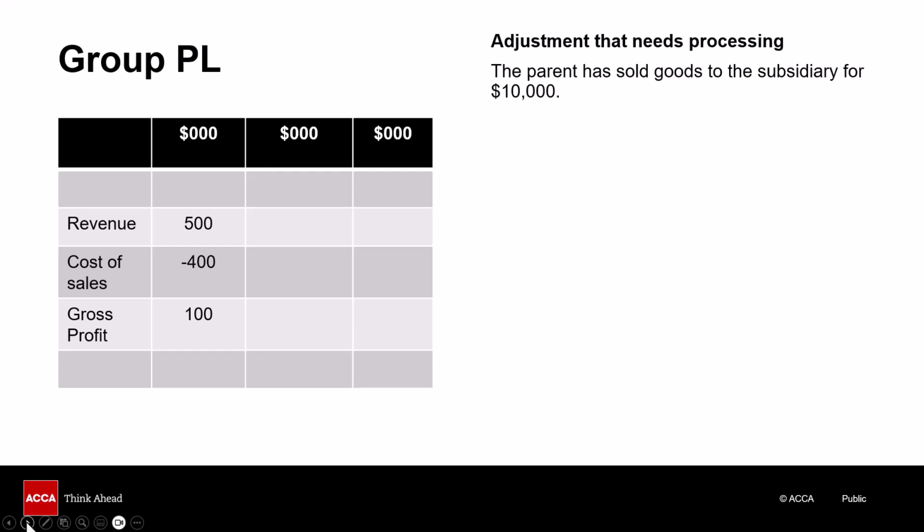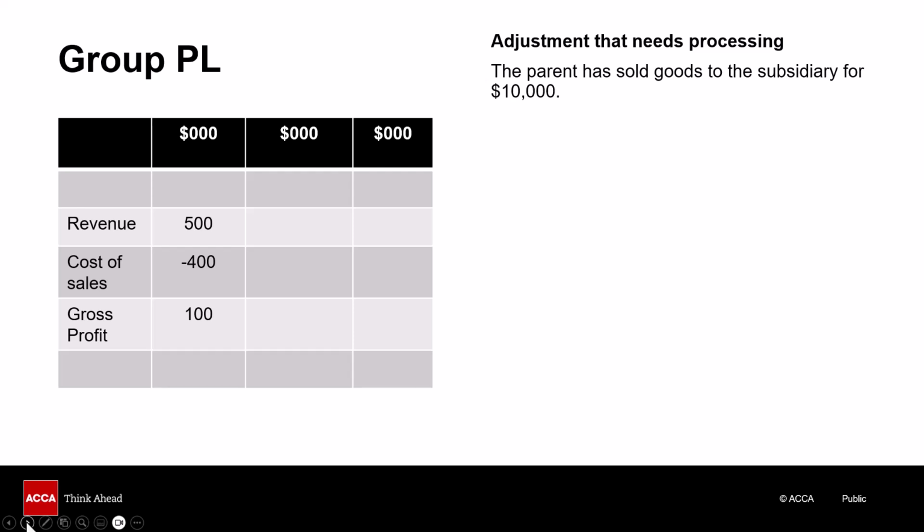So let's think about the group profit and loss account. And let's think about updating this example because the parent has sold goods to the subsidiary. Now again, I'm imagining that there's a couple of marks available for a narrative, for an explanation.